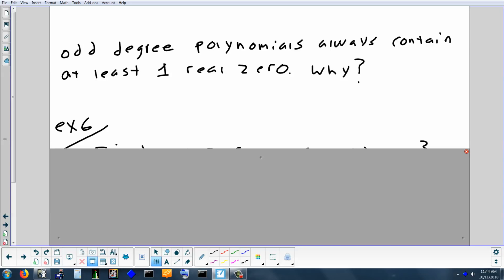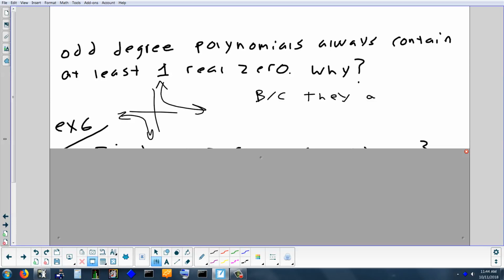Just because something goes up and down doesn't guarantee it goes through the x-axis. Here's a graph that goes up and down forever, but never goes through the x-axis. Yeah? It's continuous. So odd degree polynomials will always contain at least one real 0. Why?